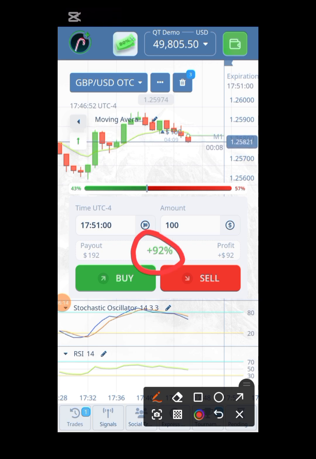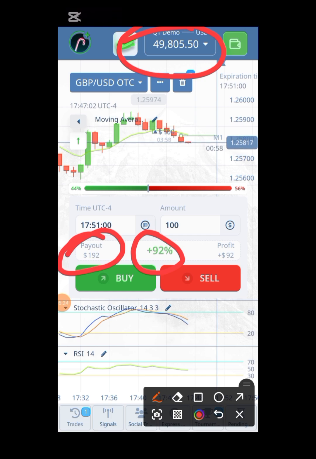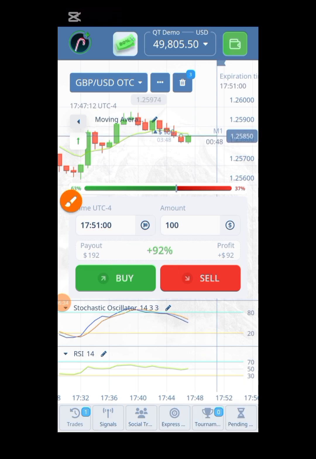So if I win, I'm going to get $192 in addition to my demo account. The $100 was deducted from here. If I win, the $100 will be added plus 92, making 192. But if I lose, then I'll lose the $100. So basically that's it.